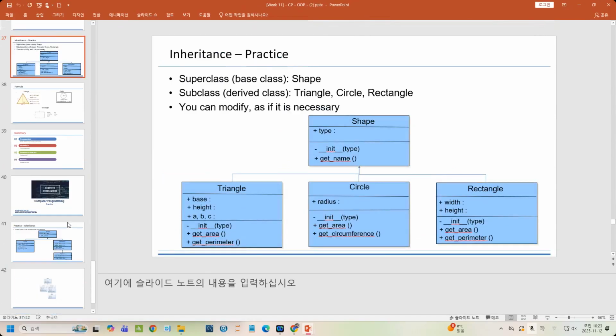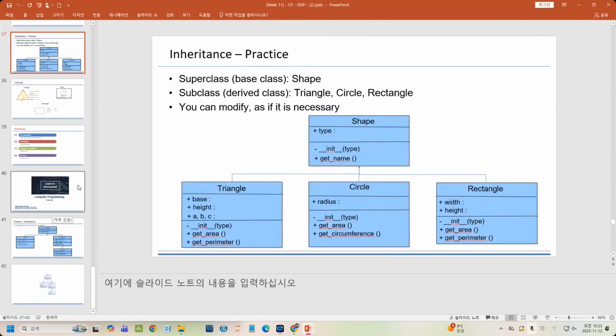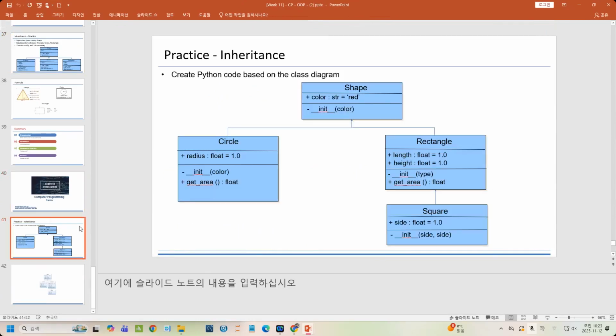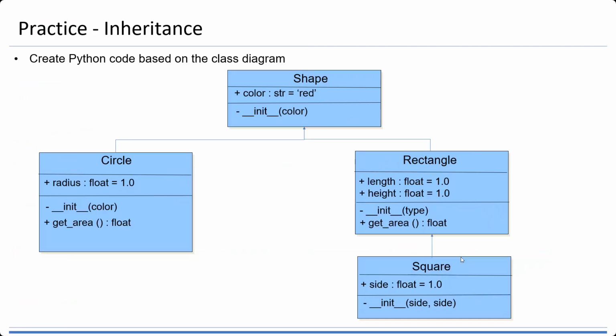So the last one that I want to explain is the exercise, the practice, okay, like this one. So what do you see from this example? We have the inheritance, not only one step, but there are two steps.